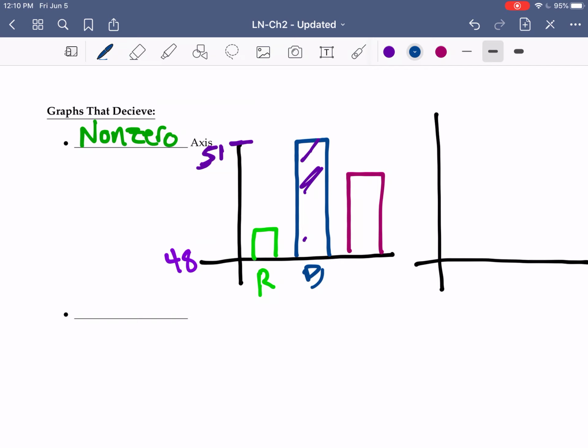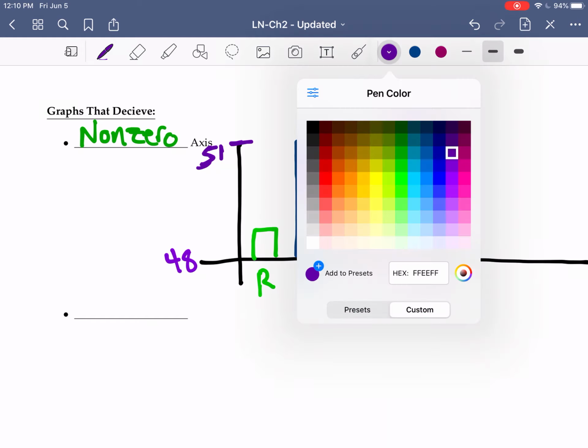However, if we had an axis that started at 0, then what we would have is this going up to 51 for the Republican group.